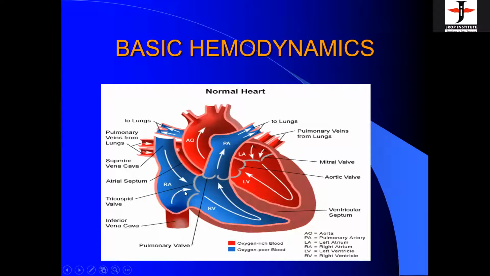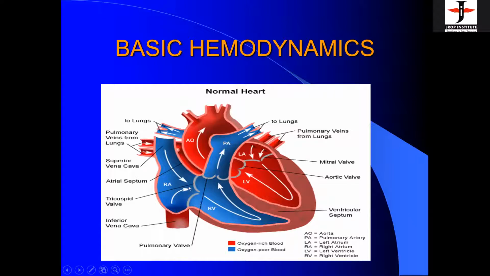From the right atrium through the tricuspid valve, it goes to the right ventricle. From the right ventricle through the pulmonary valve, it goes into the pulmonary artery to the lungs, where it is oxygenated. Then this oxygenated blood from the pulmonary veins goes to the left atrium, and through the mitral valve, it goes to the left ventricle, and then through the aortic valve, goes to the aorta.